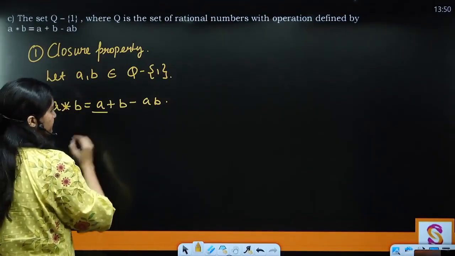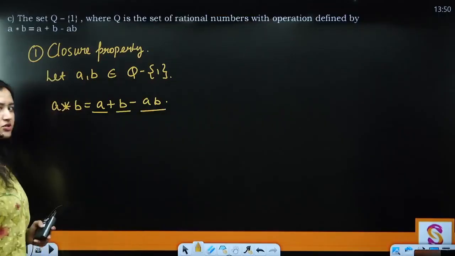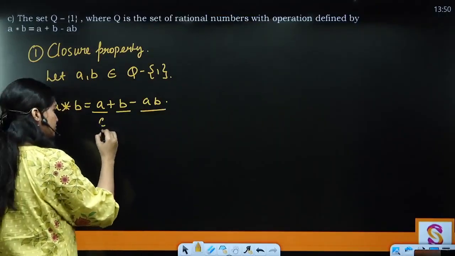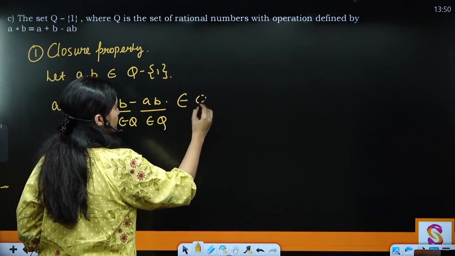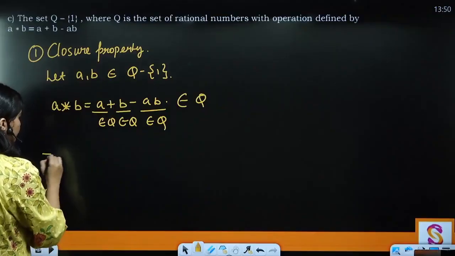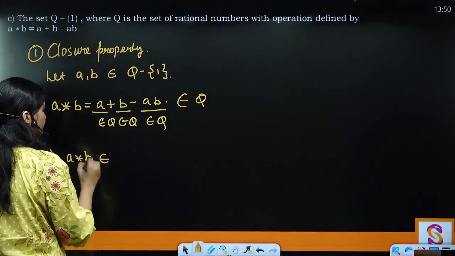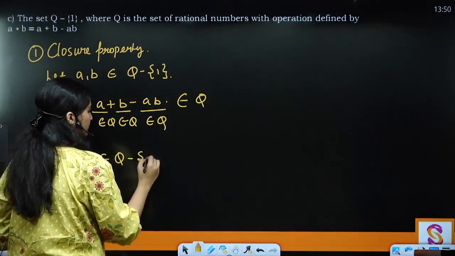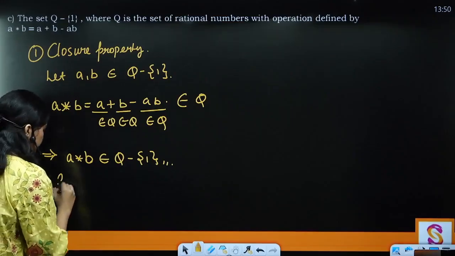This is a rational number, and the product of two rational numbers is also going to be a rational number. So eventually all of them are going to belong to rational numbers only, right? So this implies that A star B belongs to Q minus 1. So closure property is satisfied.